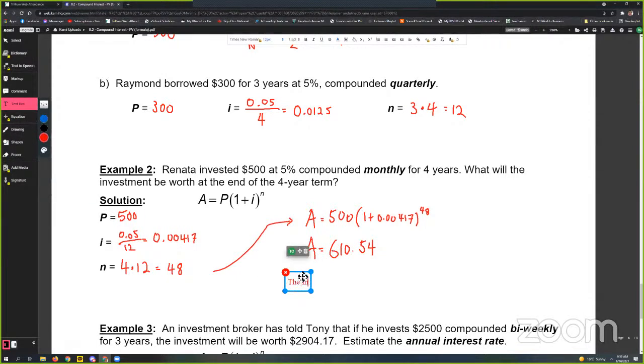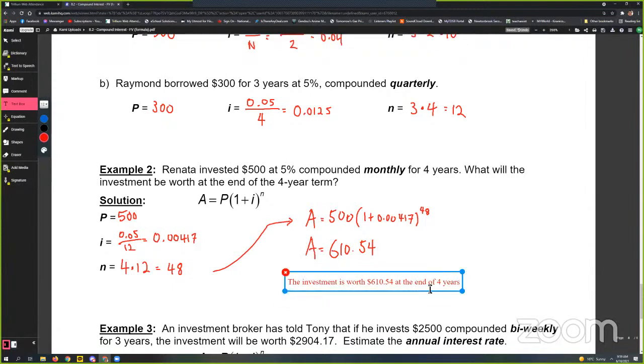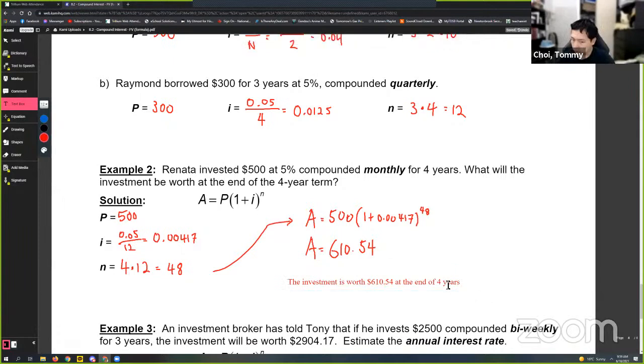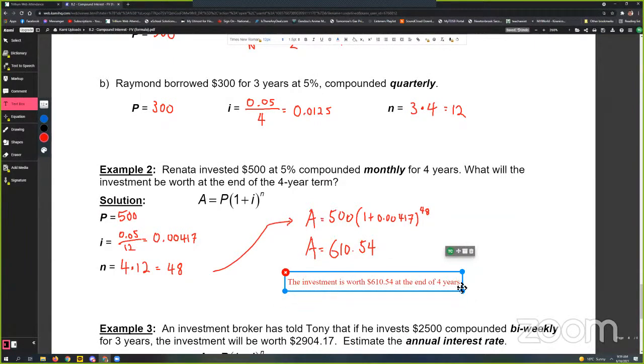Is it correct if I rounded off the decimals to 0.0042 instead of 0.00417? Sorry, could you repeat that? Is it okay if I rounded off the decimals and write 0.0042 instead of 0.00417?